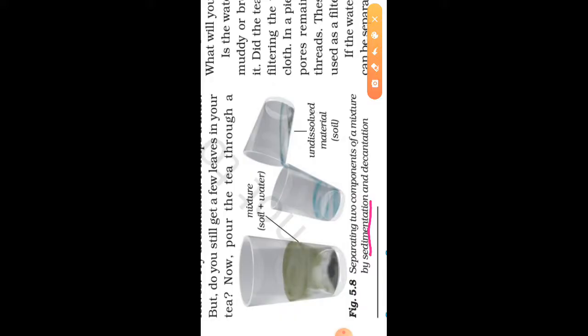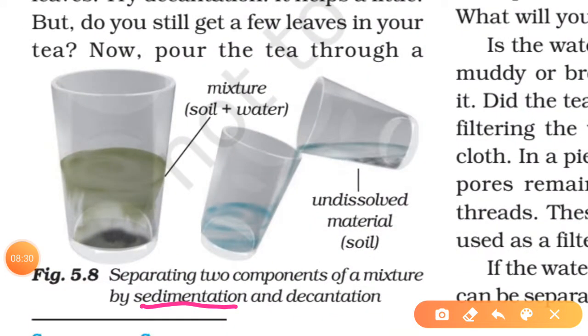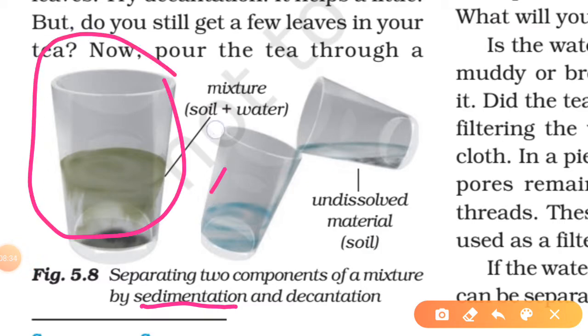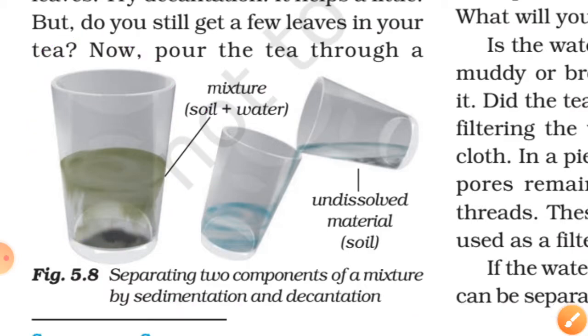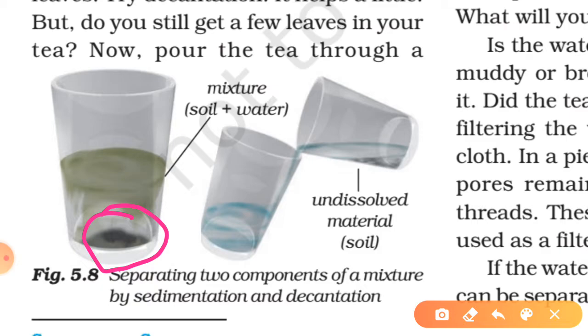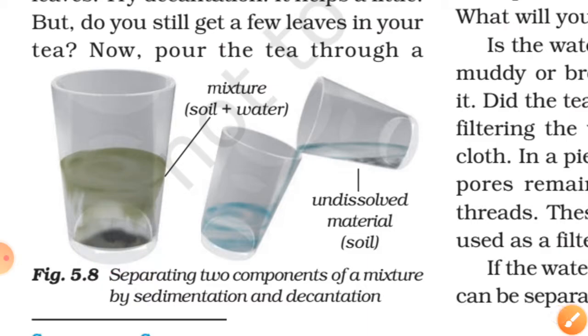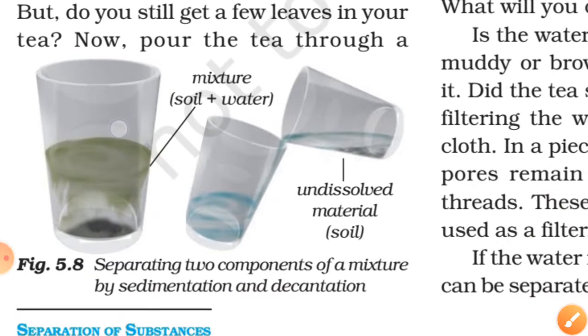In the method of sedimentation, this is a beaker, and we have poured sand, soil plus water in it. We have to leave this beaker for some time, and the sand will settle down. When the sand has settled down, we will tilt that beaker like this.